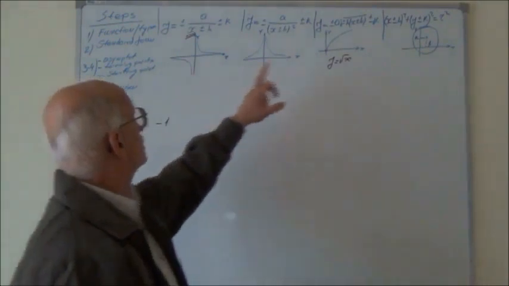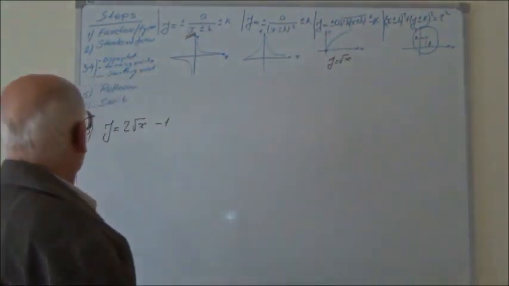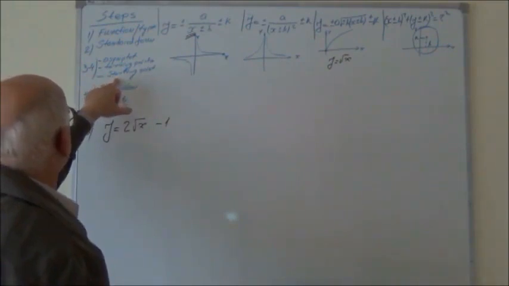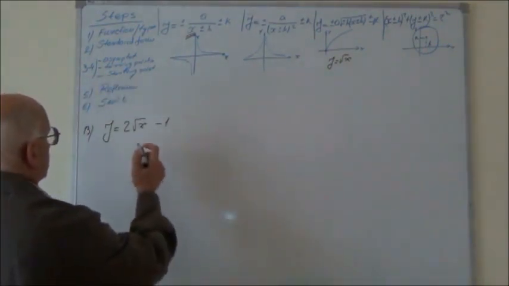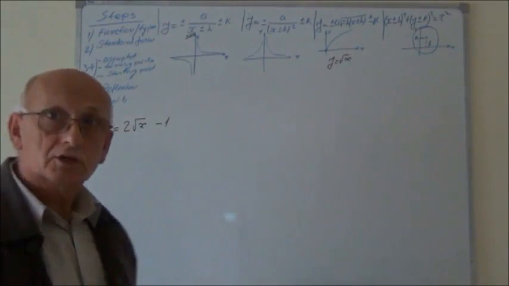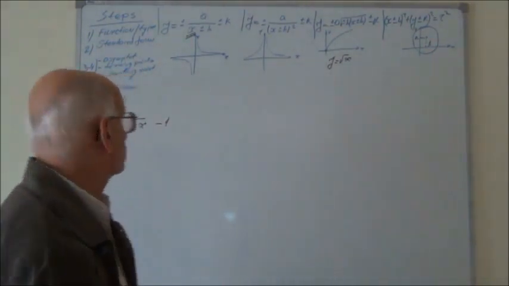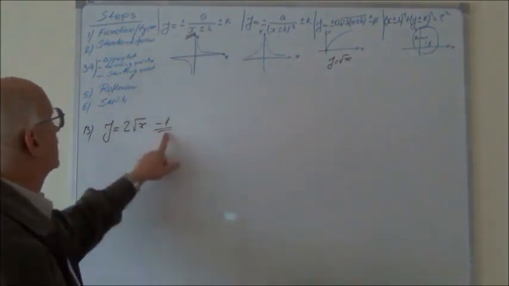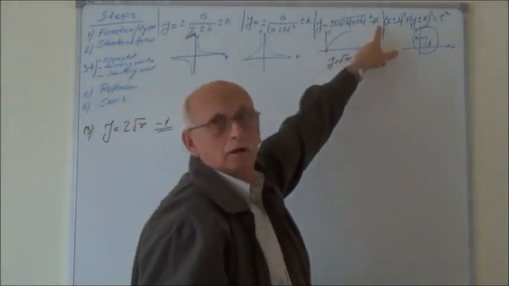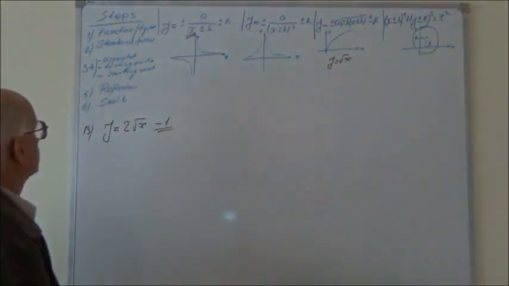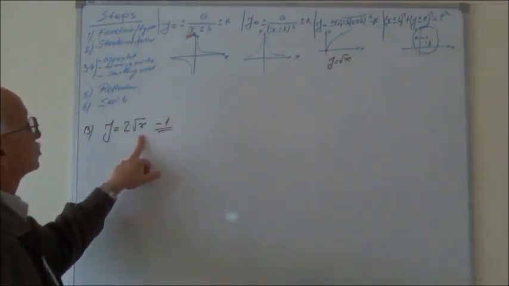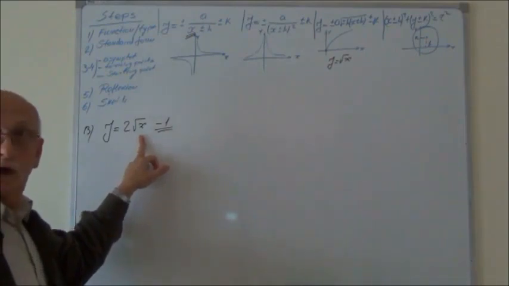It's a square root function, and to determine the coordinates of the starting point, we are looking for horizontal translation and vertical translation. Vertical translation is easy to see. That is minus 1, so 1 unit down. But what about horizontal translation?